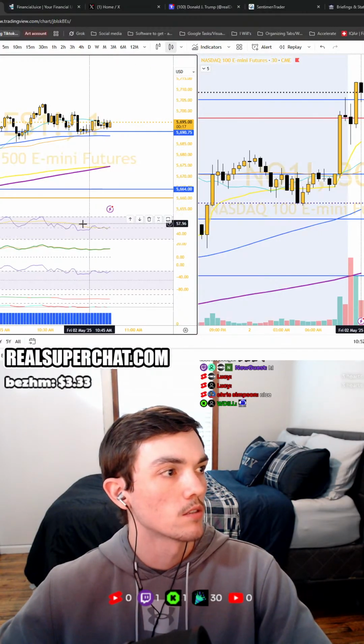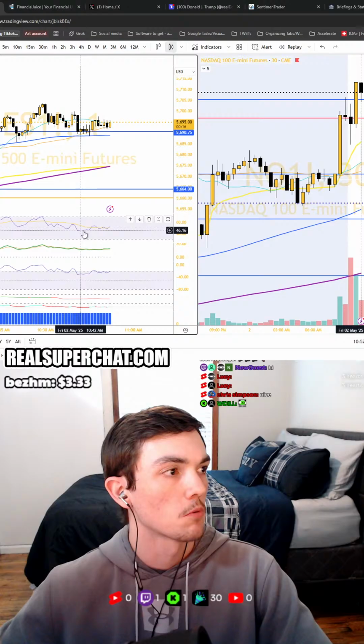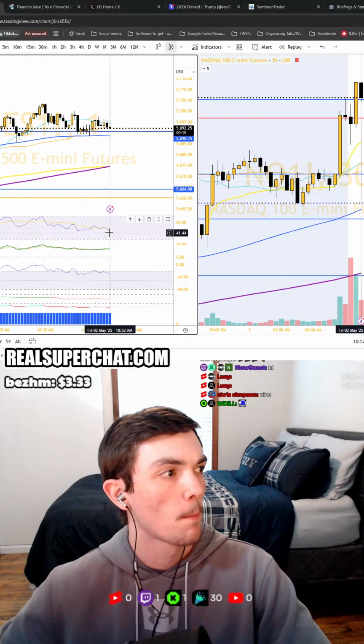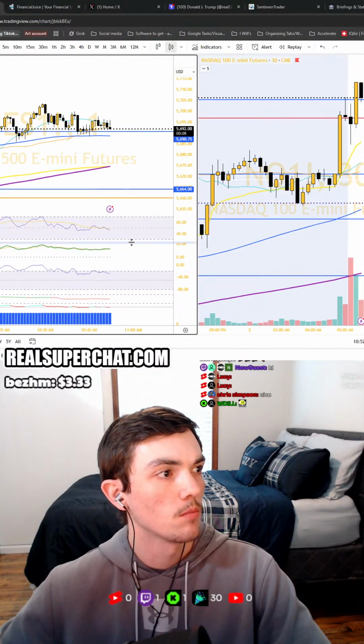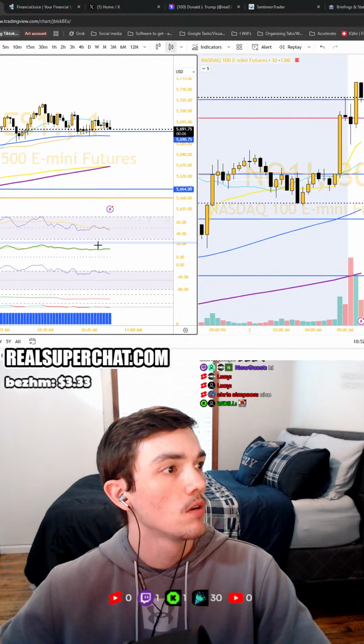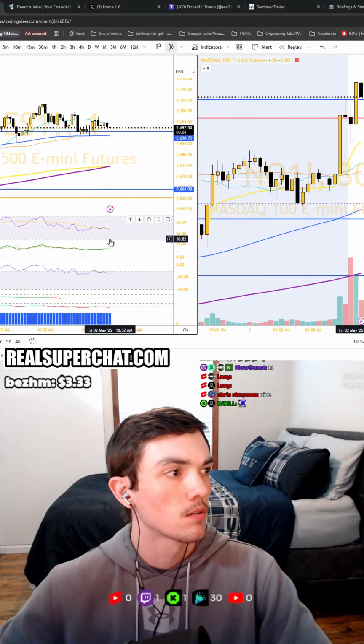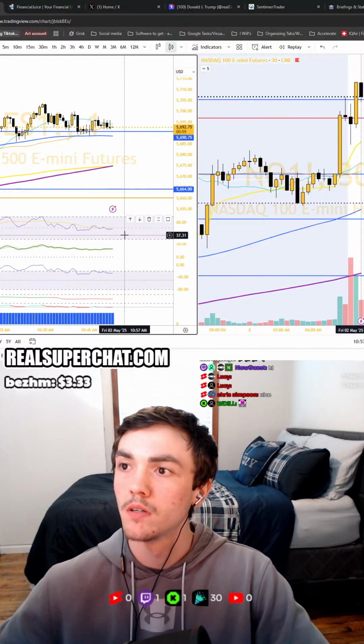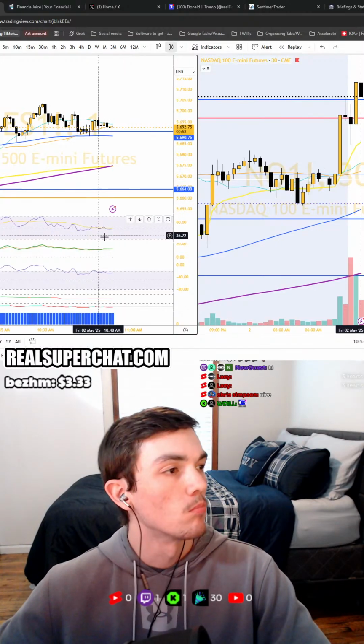The RSI just went over the... I forget what moving average this yellow line is. Oh, now it's back below. Anyway, if it goes above that yellow line, the RSI right there, it's bullish. More bullish.